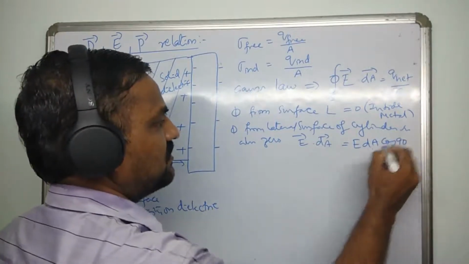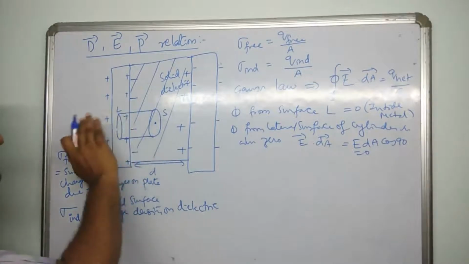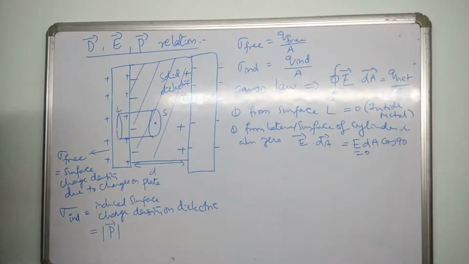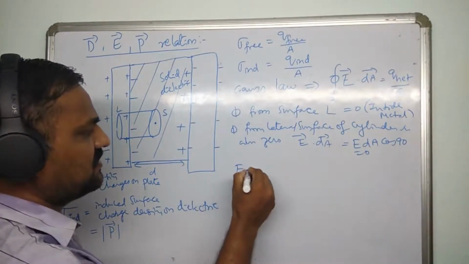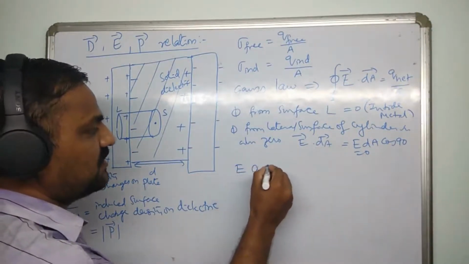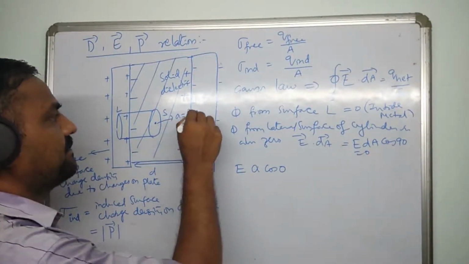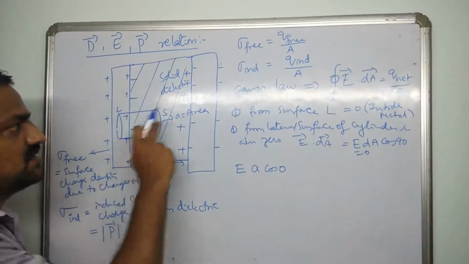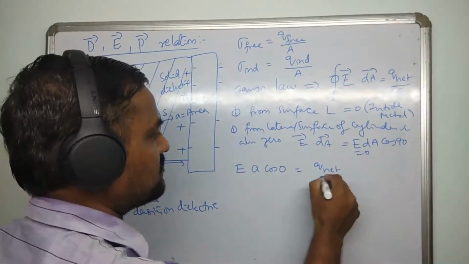So there is no contribution from the lateral sides and the base inside the metal. Only this side survives. So it is E times A cos 0, where A is the area, equal to Q net divided by epsilon naught.